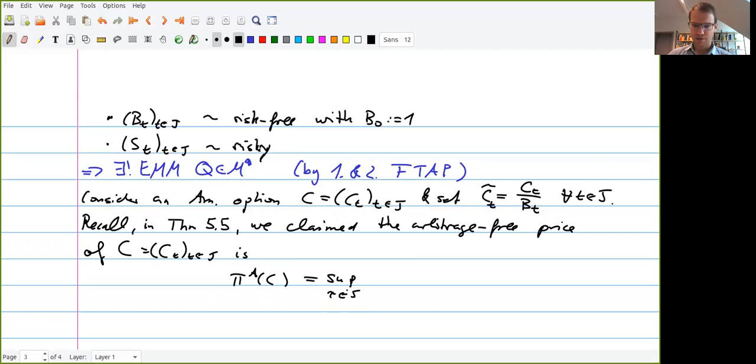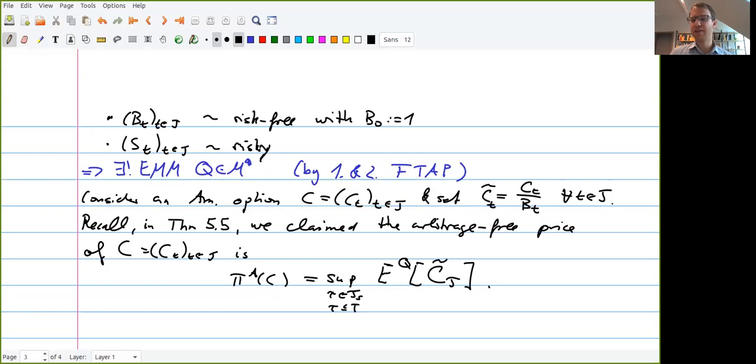So if I allow myself to stop among all stopping times which are bounded by capital T, and I do this under the martingale measure Q, and I stop the discounted price process, the discounted counterpart of the American option.